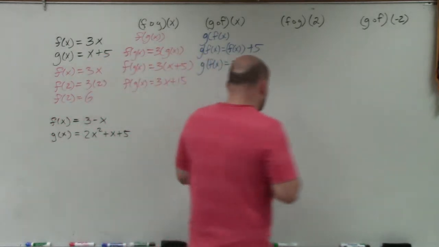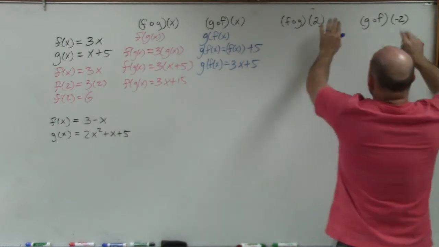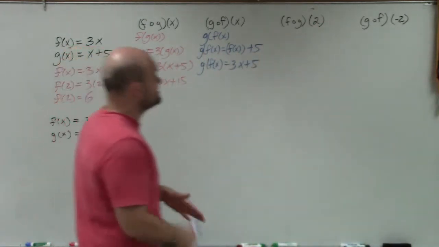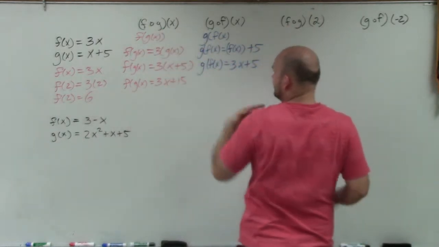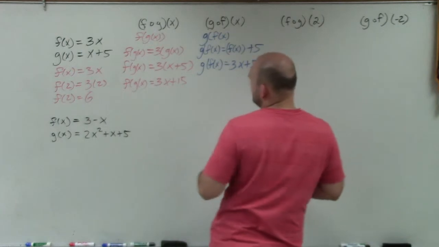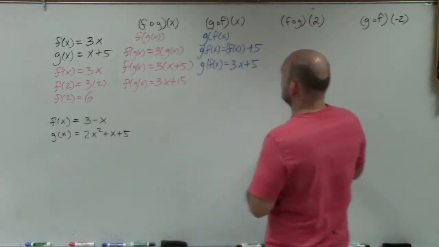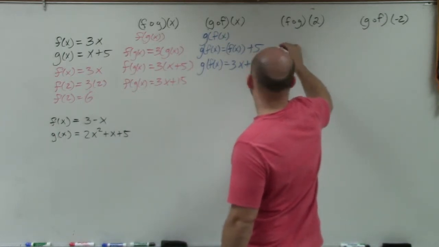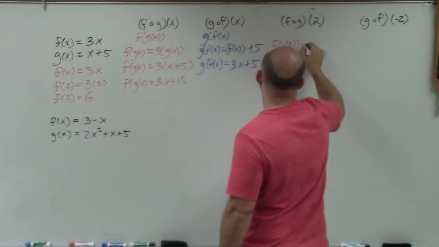Now, instead of rewriting our composition in terms of x, we're going to write it in terms of our value, so we're actually going to get the value. What's nice is we've already composed f of g of x. We already know f of g of x is 3x plus 15. So now I'm just going to plug in 2.